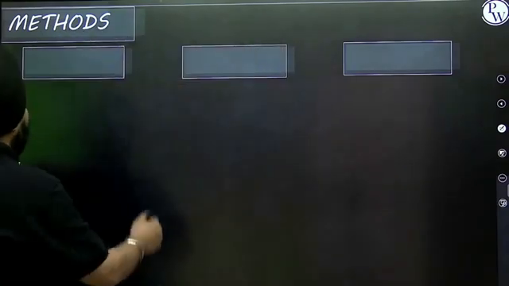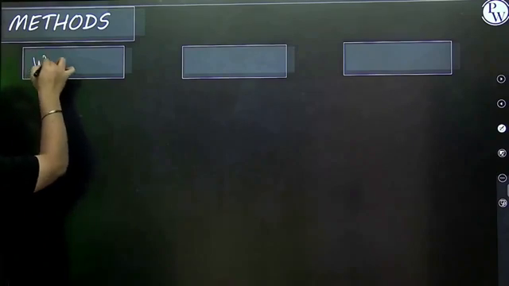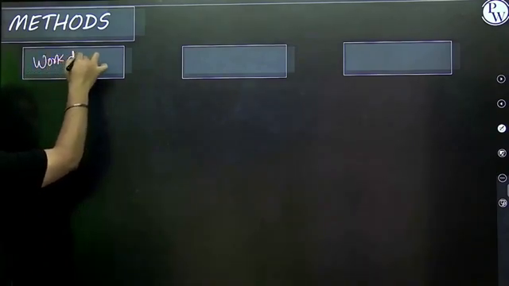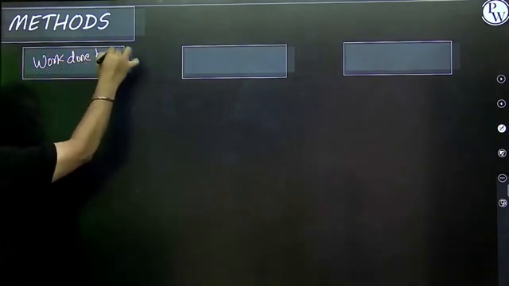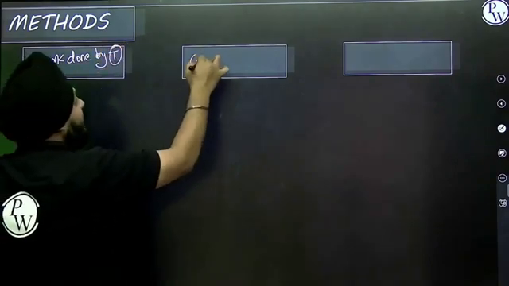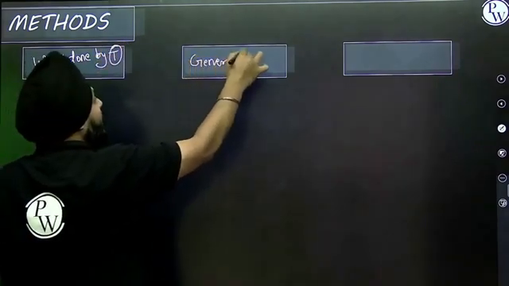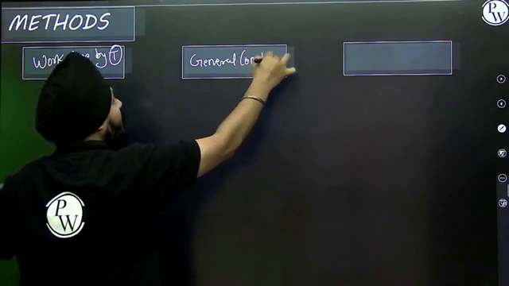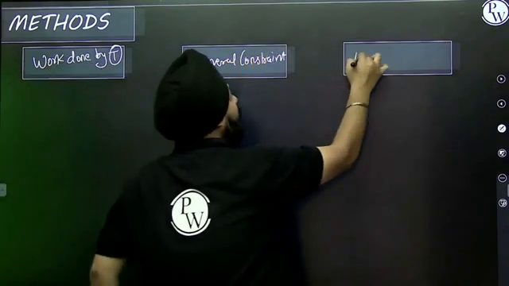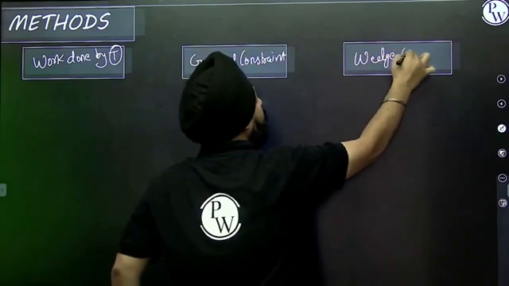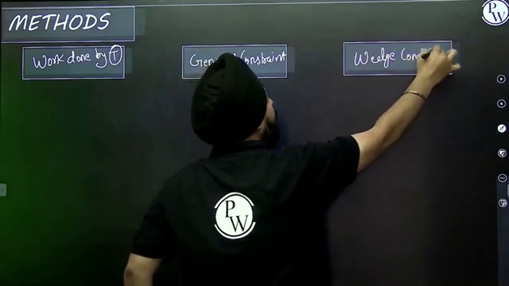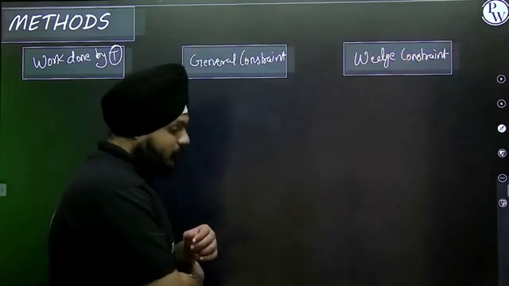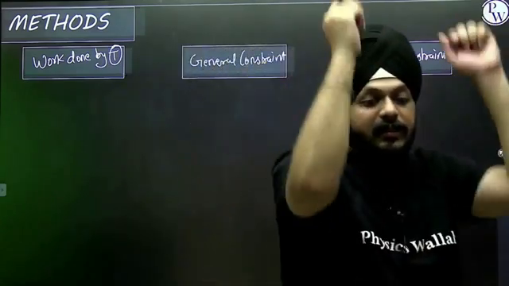Okay, the first one is the method of work done by tension. Second, it is the method of general constraint, right? And third, up to the advanced level, we have the wedge constraint. The 3 important techniques are there.